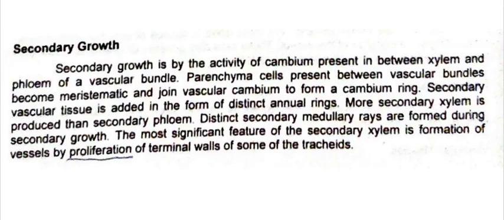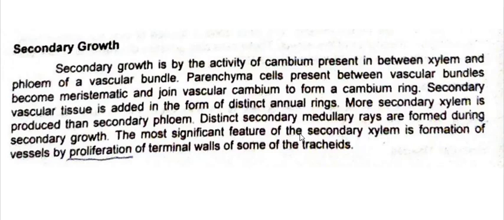Then in the stem of Ephedra, secondary growth also occurs due to the activity of the cambium which is present in between the xylem and phloem of the vascular bundles.